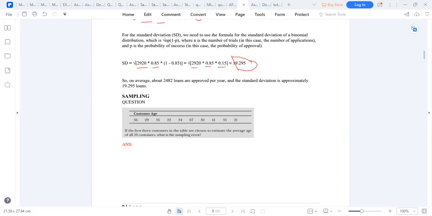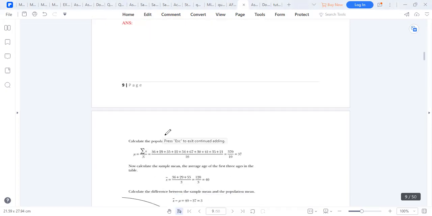So in this case, suppose we picked the first three, what would be the sampling error? We need to first calculate the actual mean for all the 10. This is our mean for the 10, 37, and for the first three, we find the sample mean, which is 40.